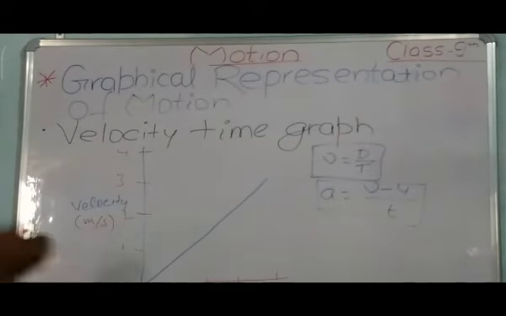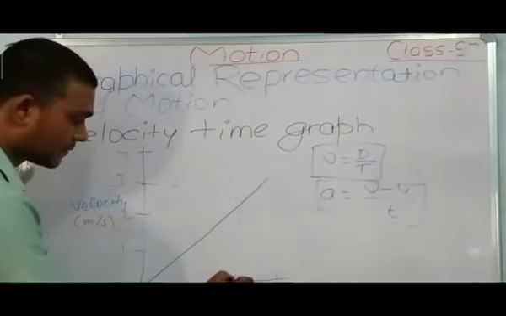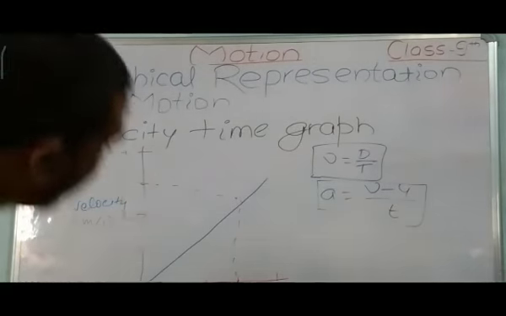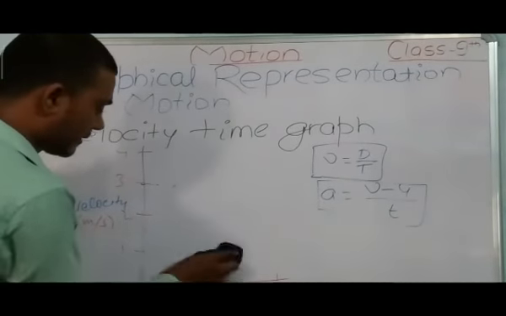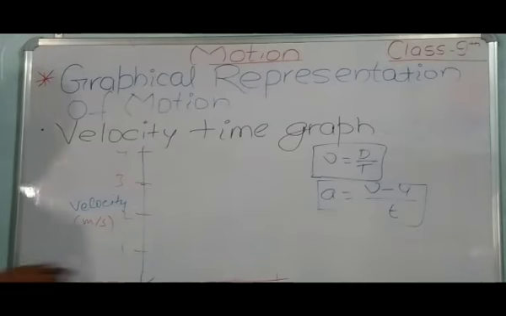So this per second is derived in this way. But if the graph changes, then we say that this motion is non-uniform motion.